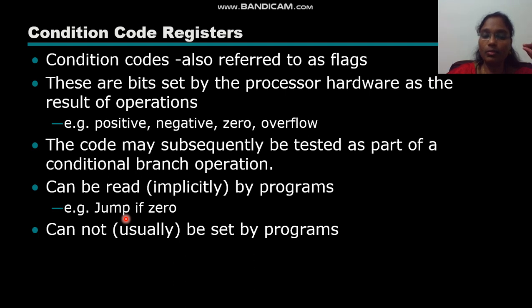And one important thing that we have to remember is that these condition codes cannot be altered by the programmer. They are set by the hardware, and cannot be altered by the programmer. So these are the registers available as user visible registers.